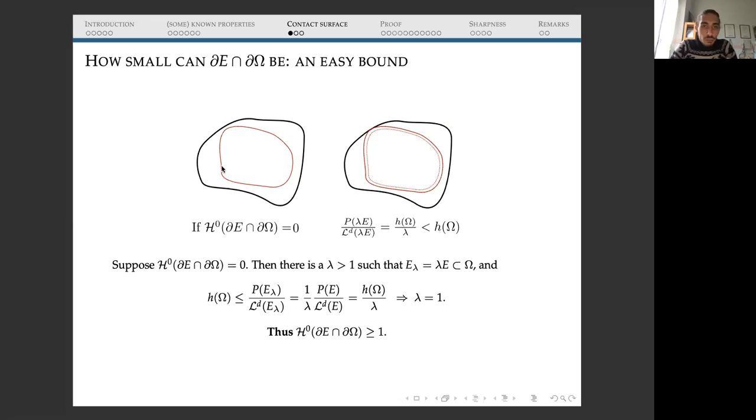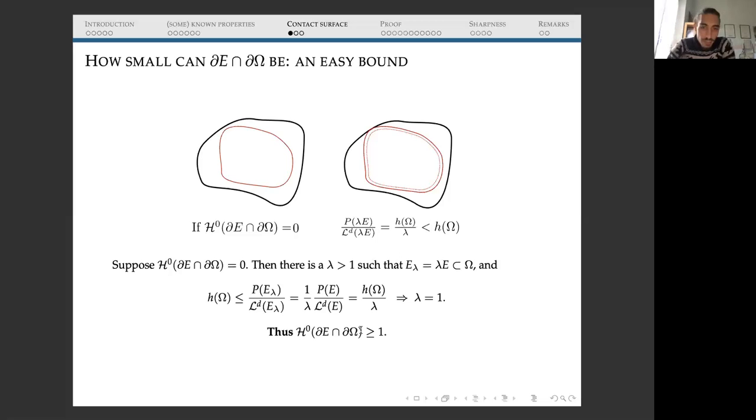Now what you can do, you can dilate this set a little bit. So pretend that E is a Cheeger set. Then you dilate it a little bit until it touches the boundary, for instance. If this lambda is bigger than 1, then you can take advantage of this scaling to decrease the Cheeger constant, which is impossible because this was the minimizer. So you get a contradiction, which means that the cardinality of the intersection needs to be at least 1.